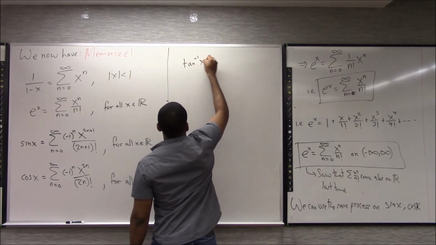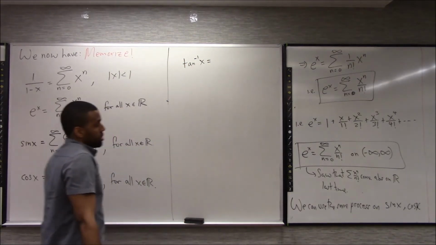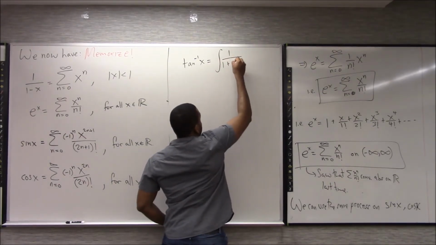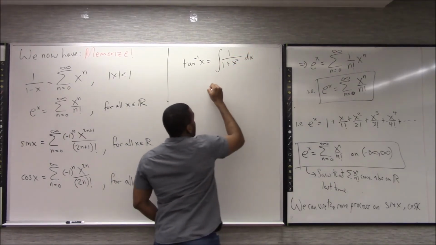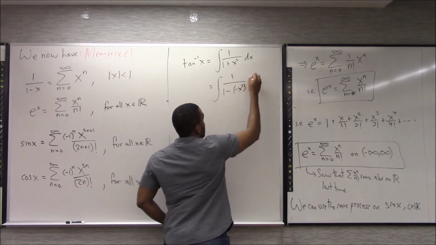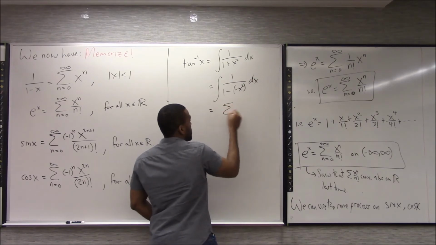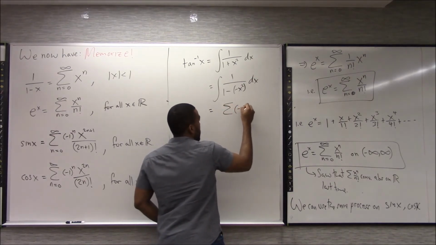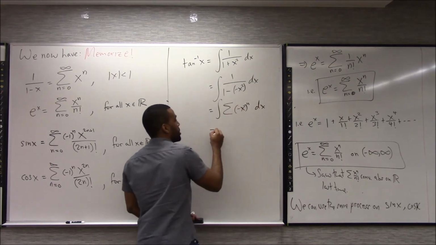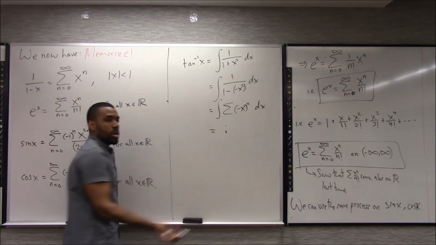So if you wanted to say something like tan inverse of x, how would you write that as a power series? Well, you realize that the derivative of tan inverse is just 1 over 1 plus x squared, right, which is 1 over 1 minus negative x squared, which is going to be the sum of minus x squared to the n. And so you can find a bunch of things like that.